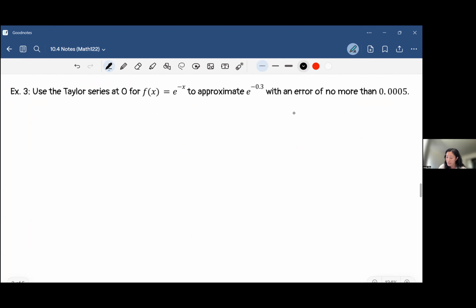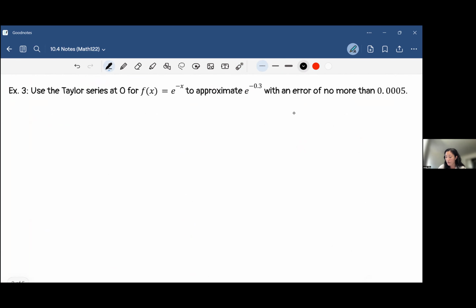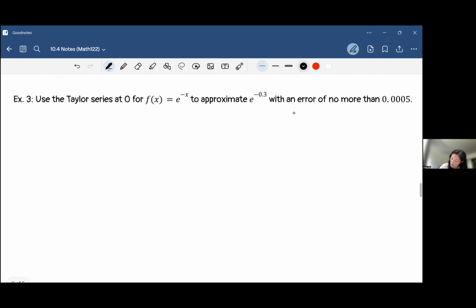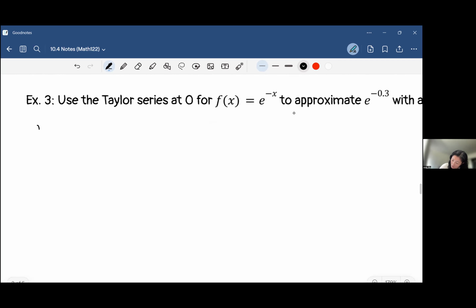Example 3 says use the Taylor series at 0 for f of x equals e to the negative x to approximate e to the negative 0.3 with an error of no more than 0.0005. Okay, so here's what we're going to do. We're going to go back and find our table number 1, f of x equals e to the negative x.